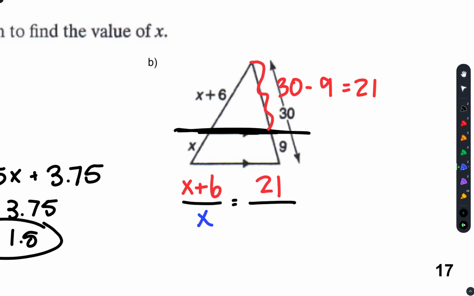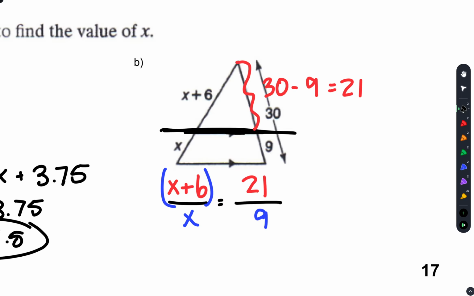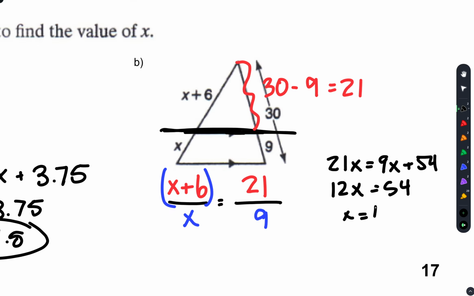Everybody see where I got that number? Fantastic. We're going to cross multiply. We're going to make sure that we distribute to the x and the 6 here. So this is 21x equals 9x plus 54, or 12x equals 54, x equals 4.5, and we're good there.